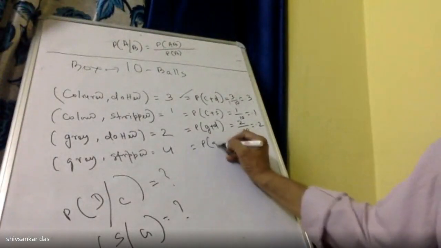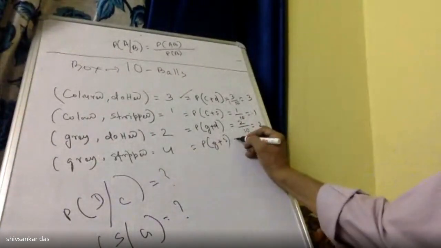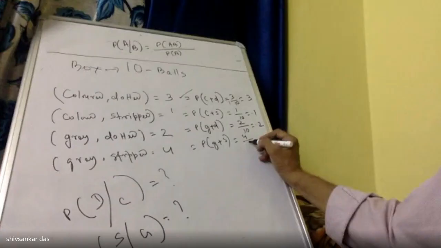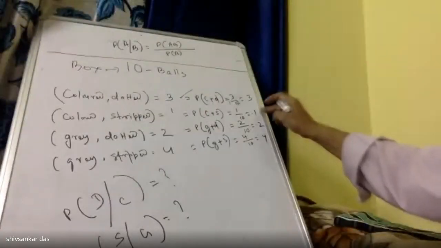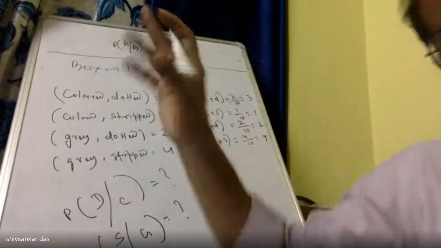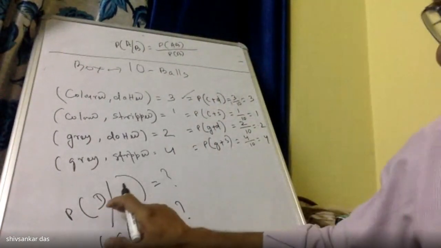Probability of gray striped is equal to 4 by 10, that is equal to 0.4.